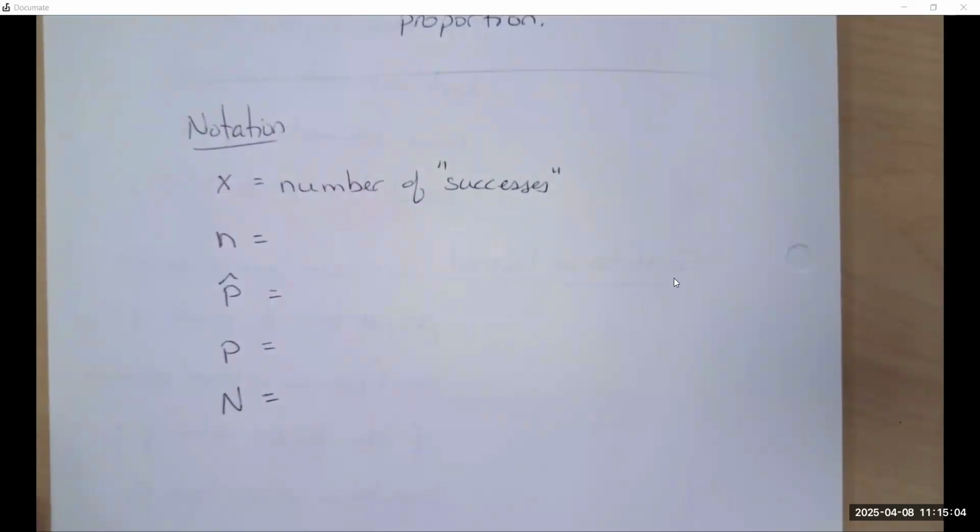Notice it's in quotes because success is not always a good thing. What if you're studying the number of car accidents at an intersection near bars? Well, what's a success for your study? A collision. So that's not always a good thing.